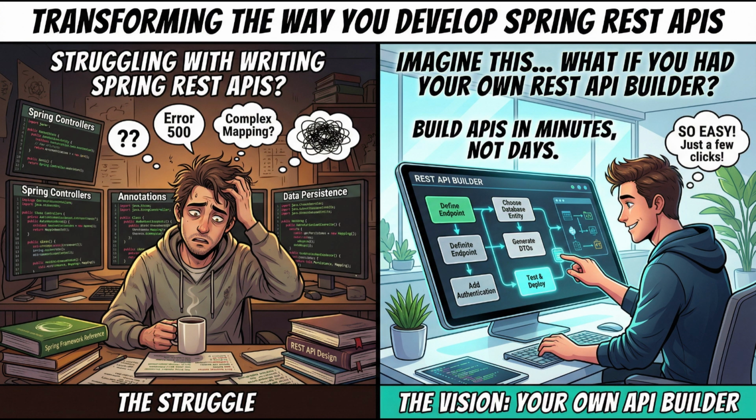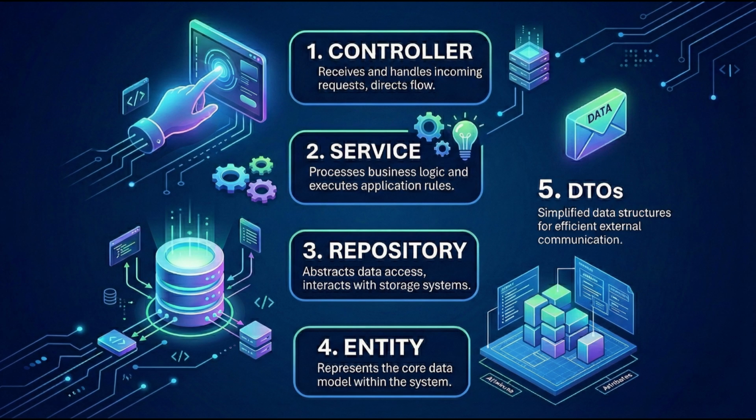Now, let me show you something interesting. Last week, you were struggling with writing Spring REST APIs, right? Imagine this. What if you had your own REST API builder? Something that generates controller, service, repository, even model and entity classes, with proper database mapping. Sounds complex, but it's actually simple.